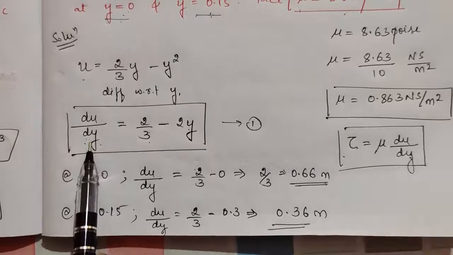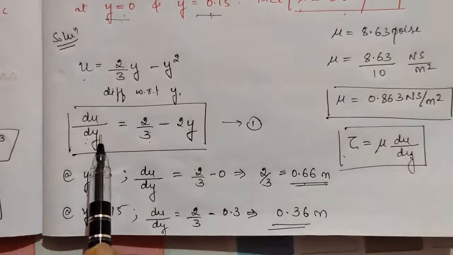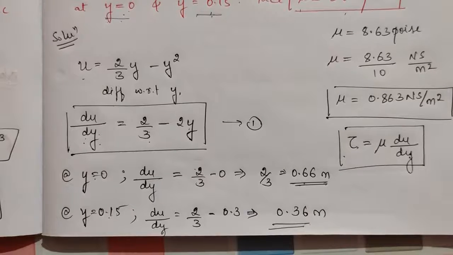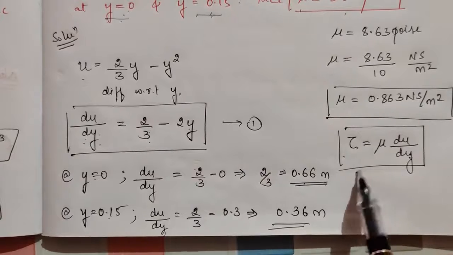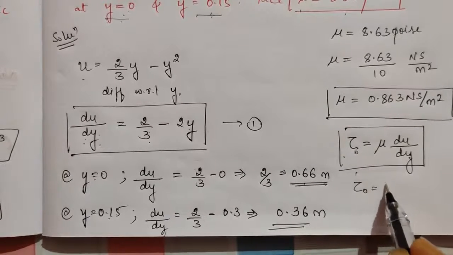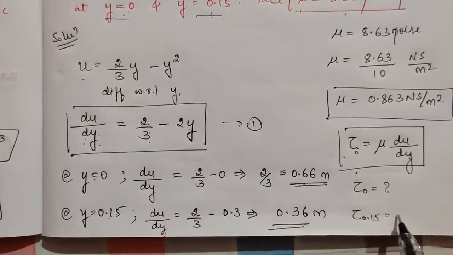So du by dy at y is equal to 0 is 0.66, and at y is equal to 0.15 is 0.36. Now we need the shear stress at y equal to 0 and at y equal to 0.15. We'll do it on the next page.